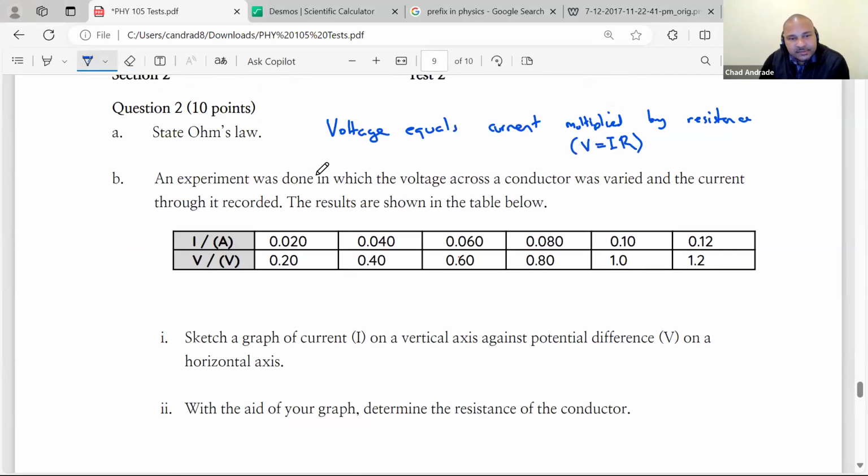Part B now says an experiment was done in which the voltage across a conductor was varied and the current through it recorded. The results are shown below.